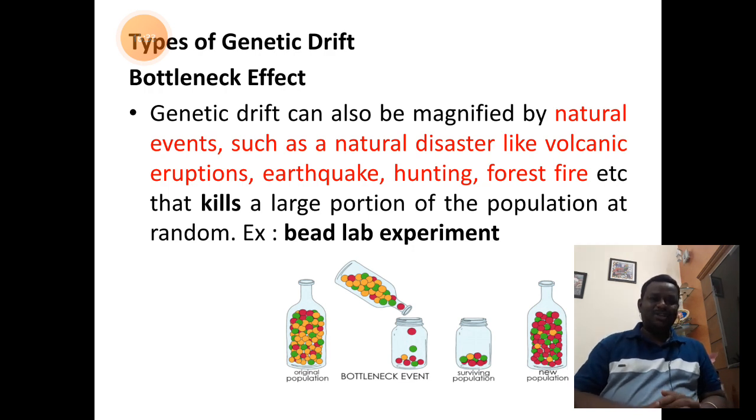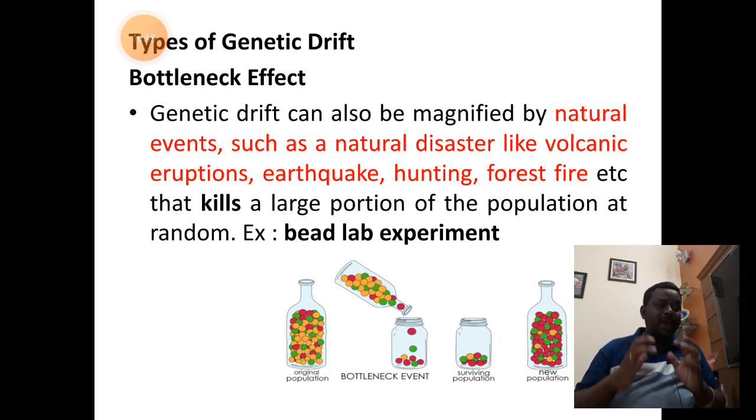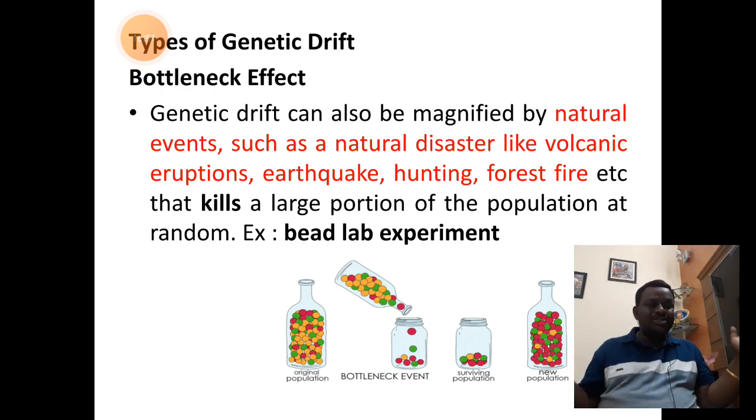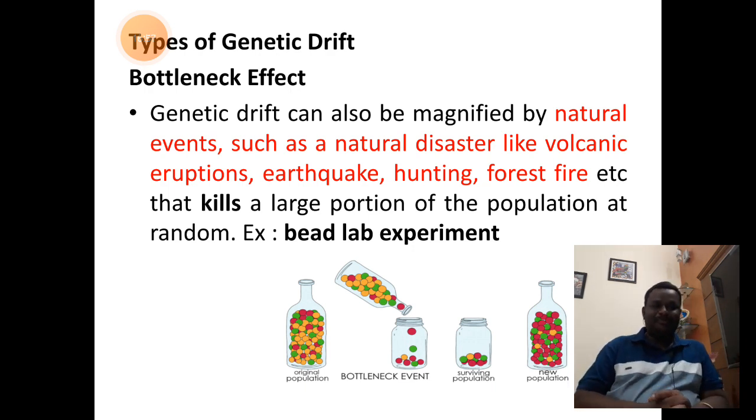First one we shall look into is the bottleneck effect. In this type of genetic drift, the natural disasters are the major causative factors that kill the organisms, making the original population lose alleles, bringing a change in allelic frequency.